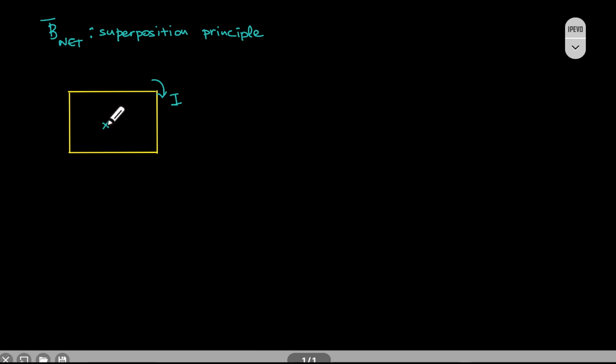Or I could also move the observation location on the z-axis if I choose.